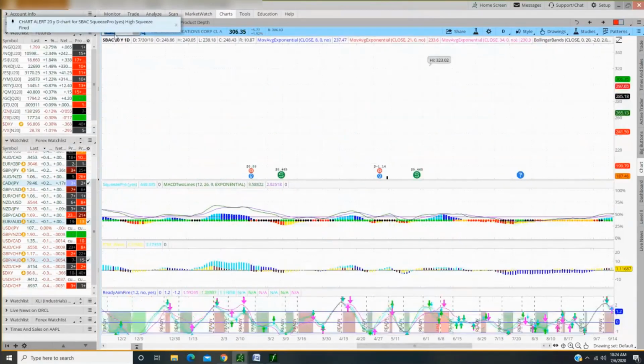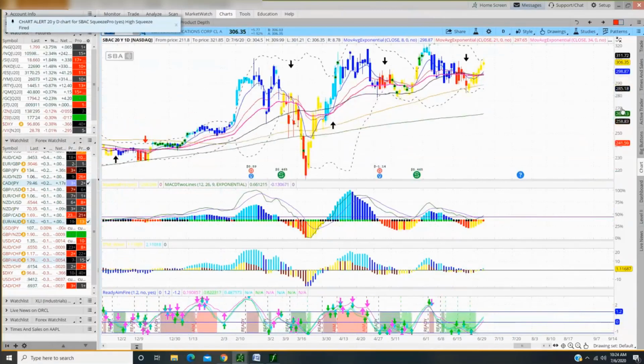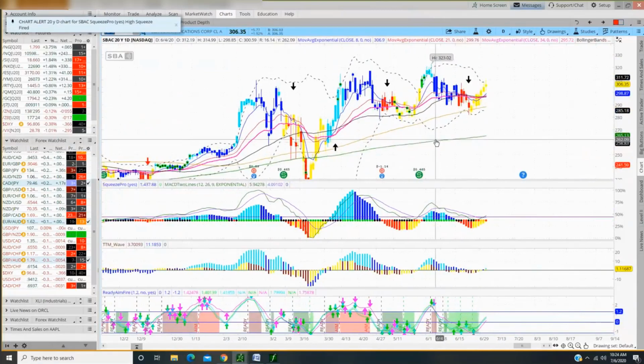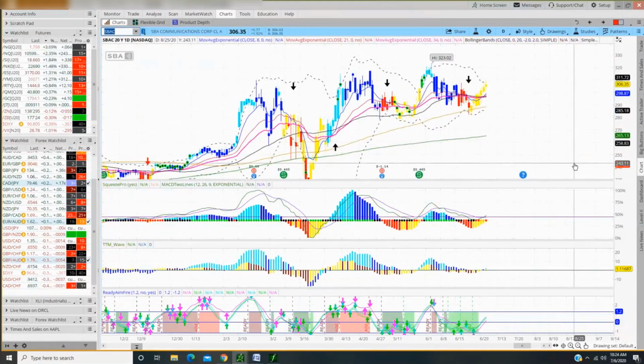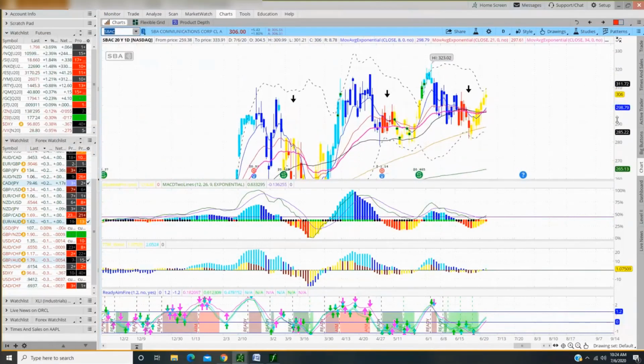SBAC. Wow. Oh, this one. Okay. What do we got? What's my setup? Again, my setup. Maybe not your setup. What am I waiting for?